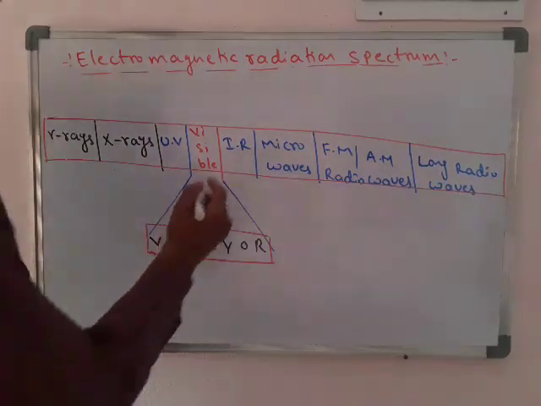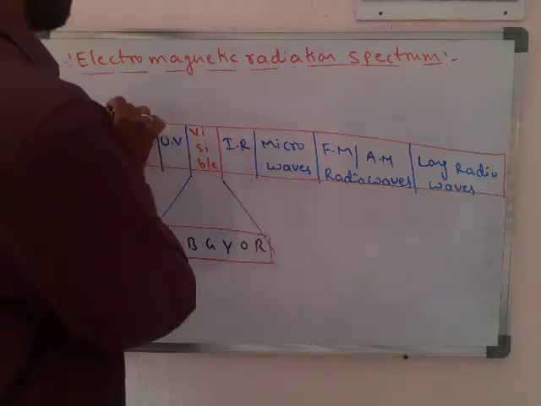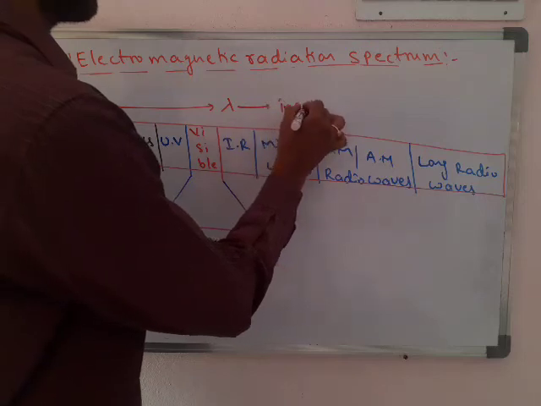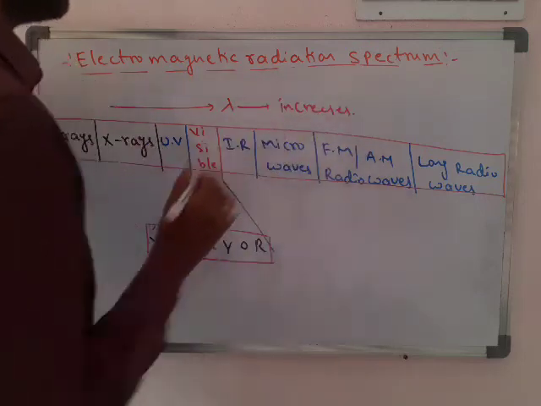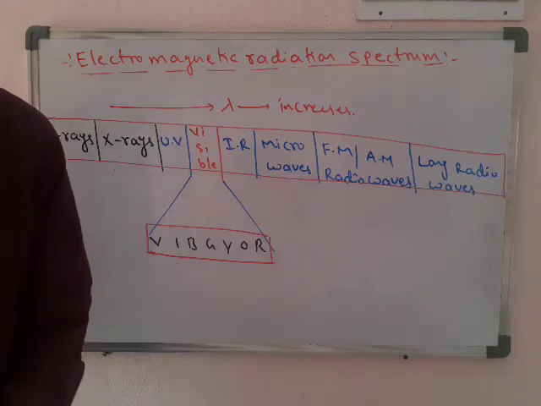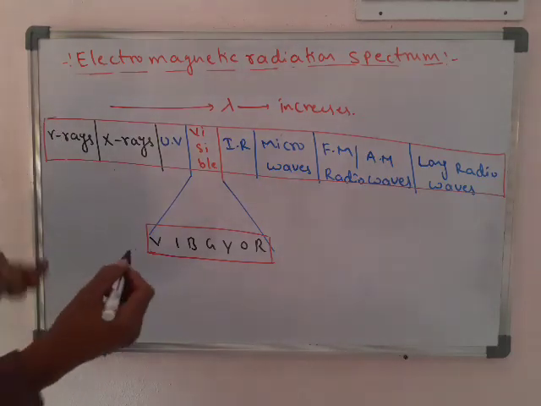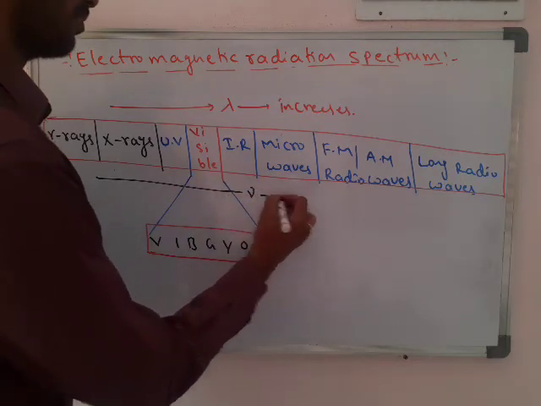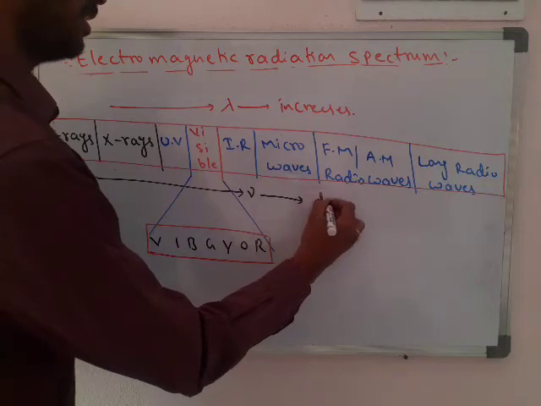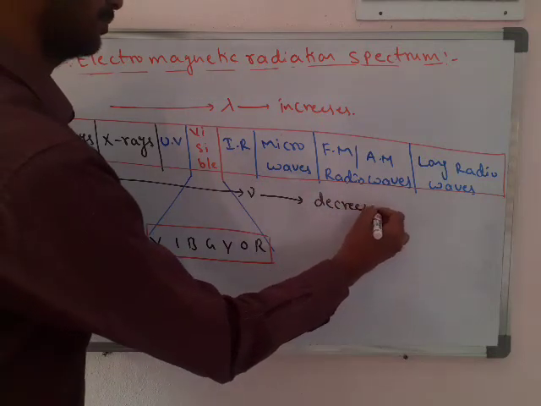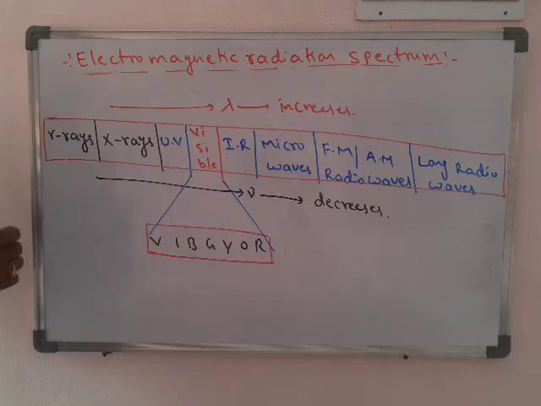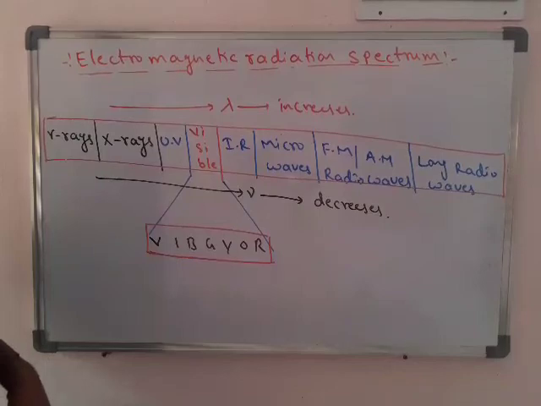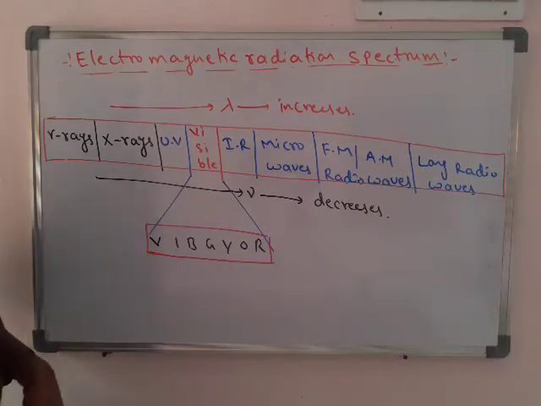Increasing order of wavelength means from left to right the lambda value increases, and in the definition we also say that from left to right frequency decreases. Long radio waves have the highest wavelength, and gamma rays have the highest frequency.